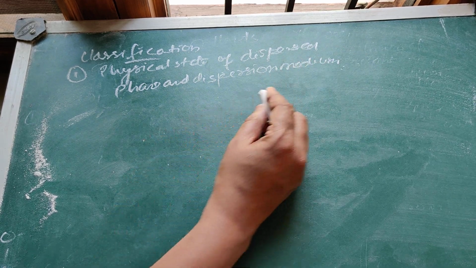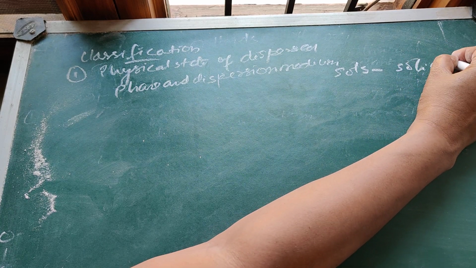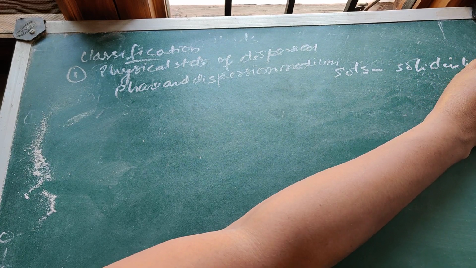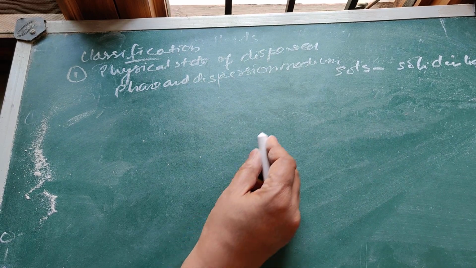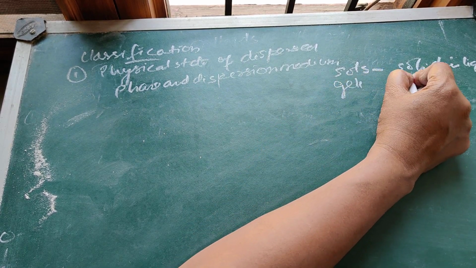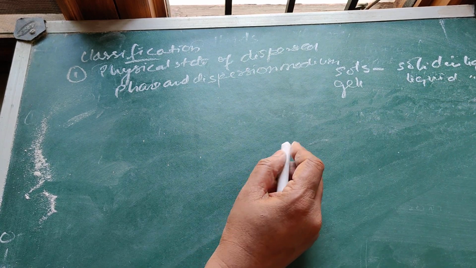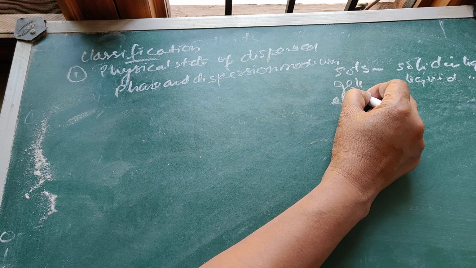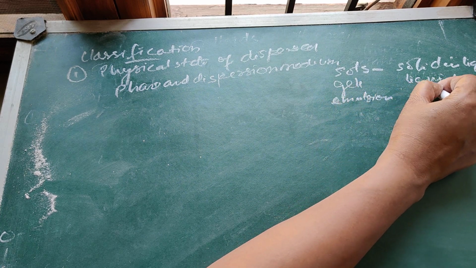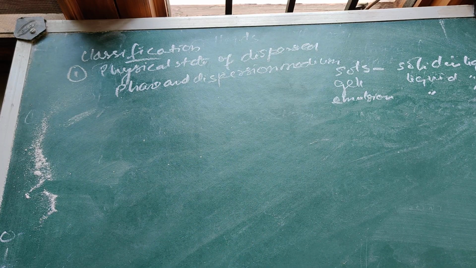Okay, we have sols. Sols is what? Solid in liquid. Dispersed phase is solid and liquid is the dispersion medium. Then gel, liquid in solid. Emulsion, liquid in liquid.